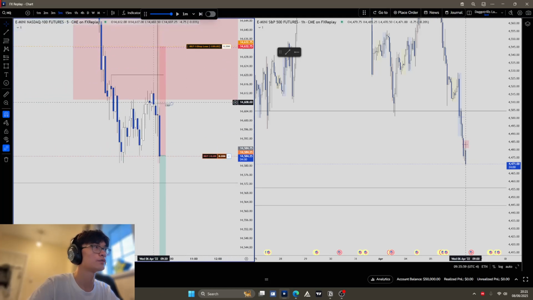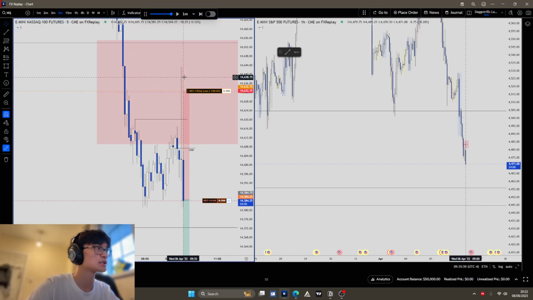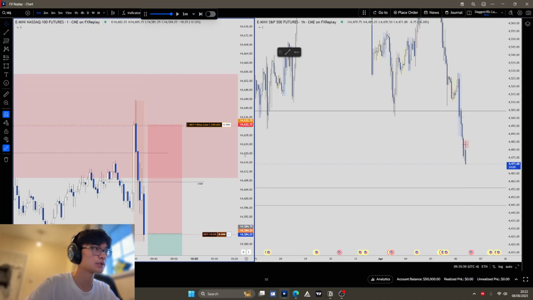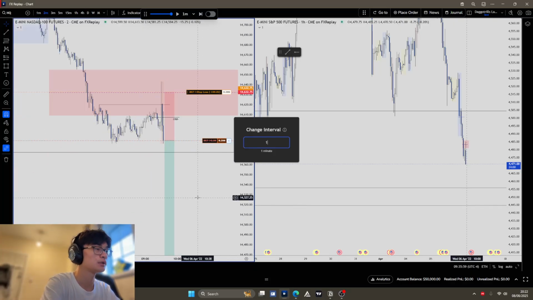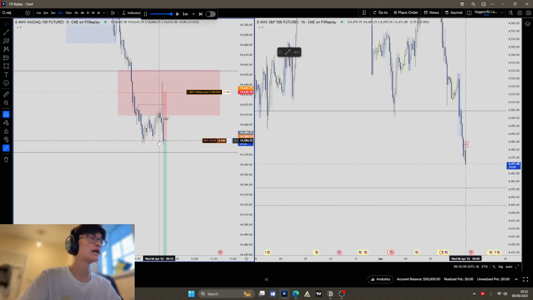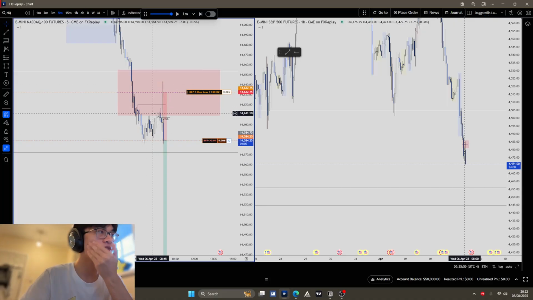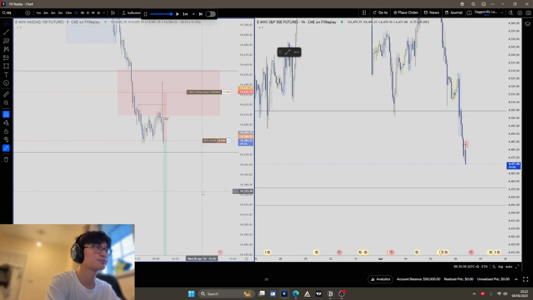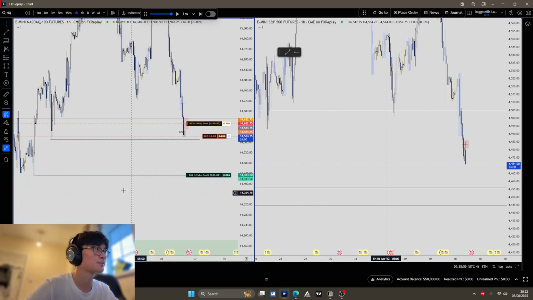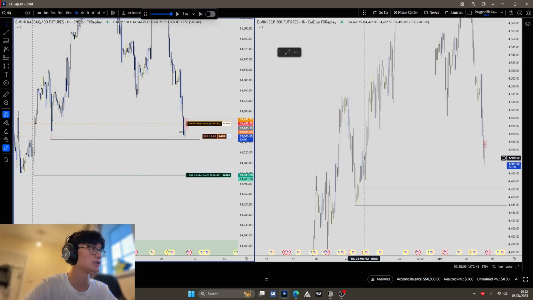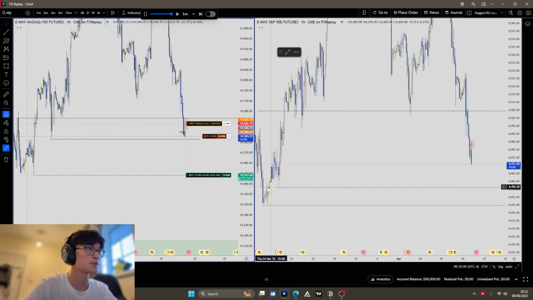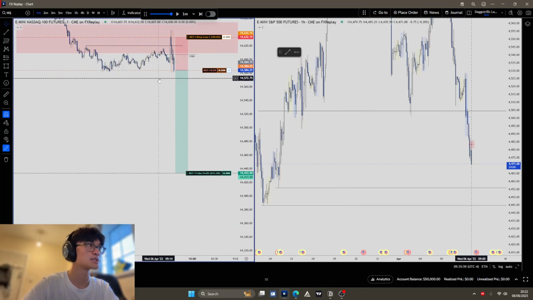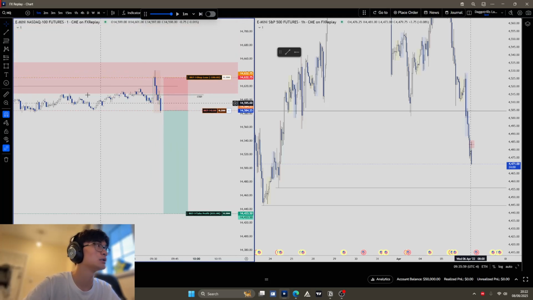Actually, we do have 5-minute bearish order flow, but we've disrespected that, which is something I'm kind of fishy about. Since we still have it, although we disrespected it, it's also kind of a bit fishy. Yeah, we still have this low here. This is probably my draw right here. Not even this low here. Might as well take that out.